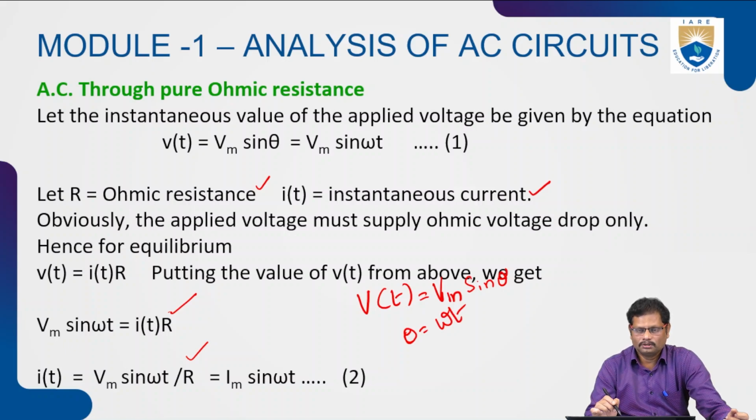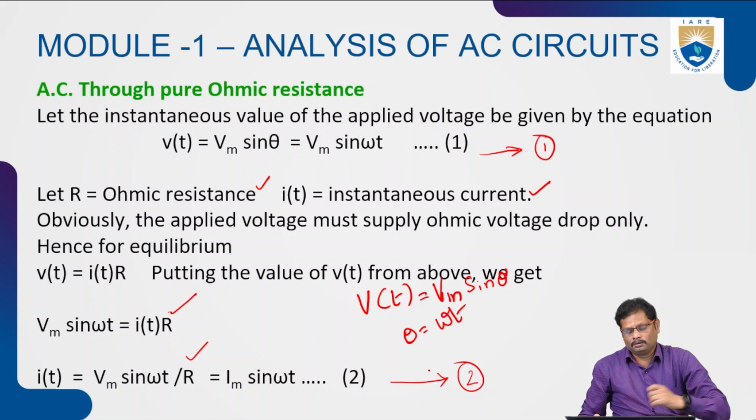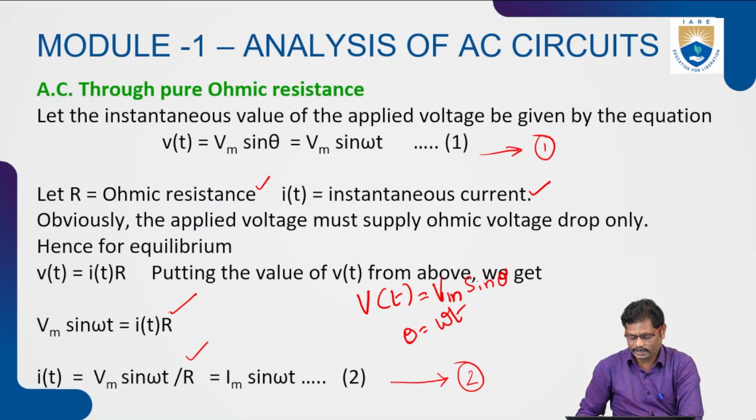So that is nothing but Im sin omega t. This is equation number 2. Equation number 1 is V of t equals Vm sin theta or Vm sin omega t, and equation 2 is I of t equals Im sin omega t.